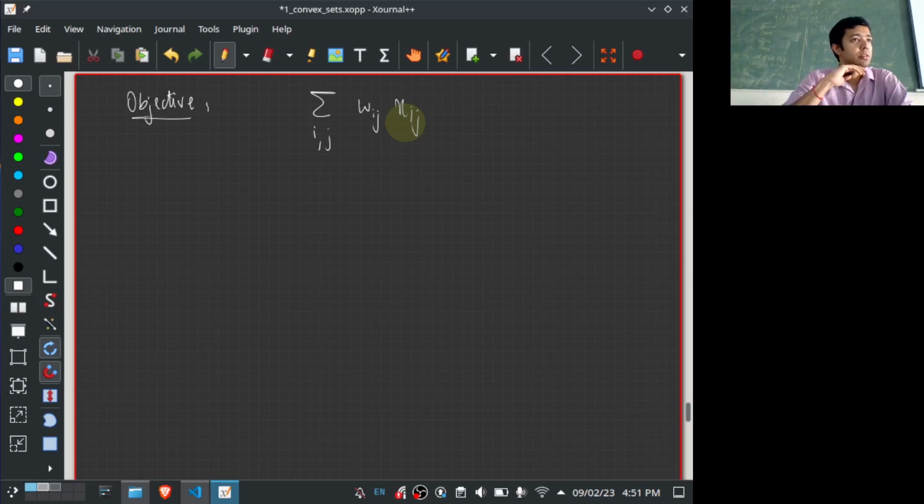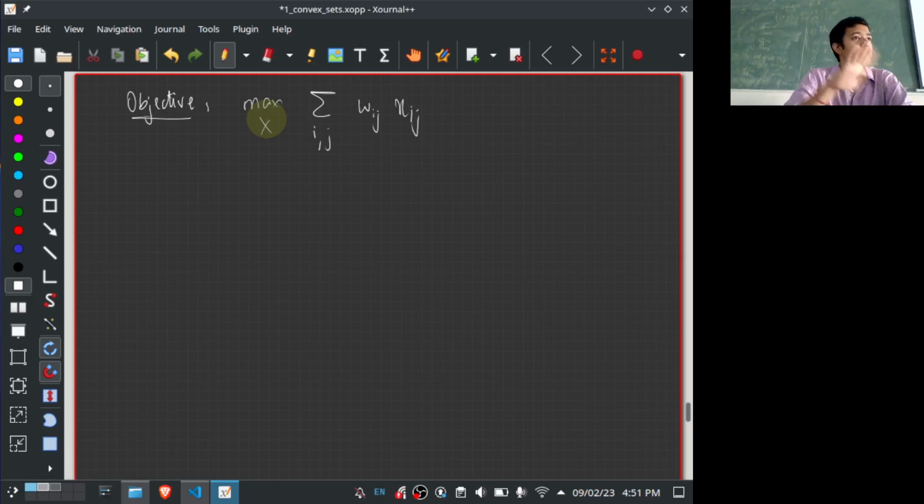The goal is to maximize this over all X which satisfy those constraints. Any questions up to this point?